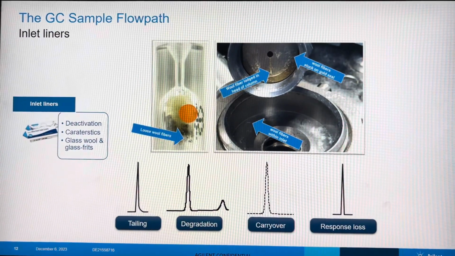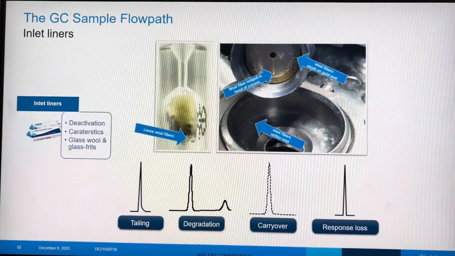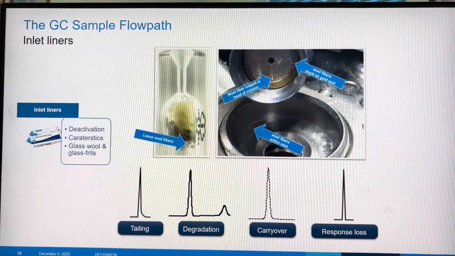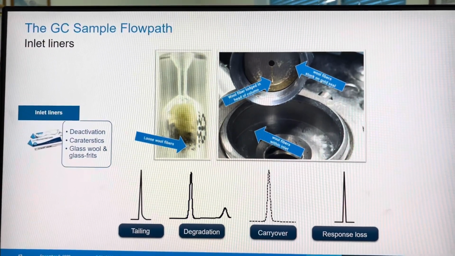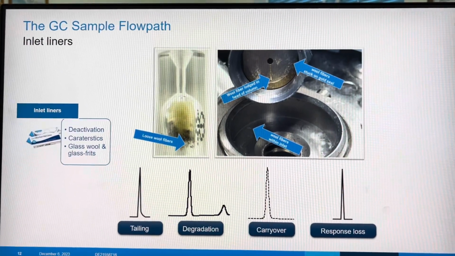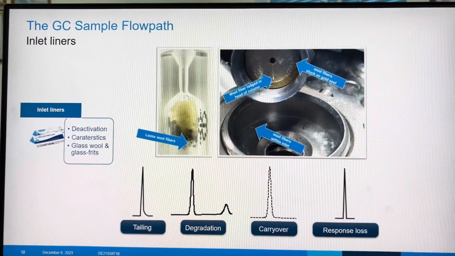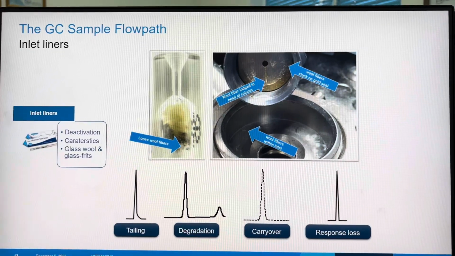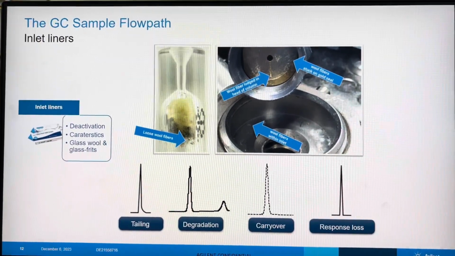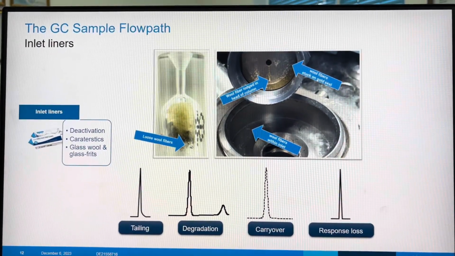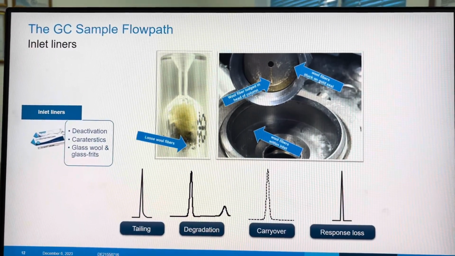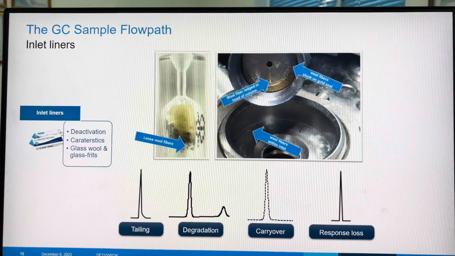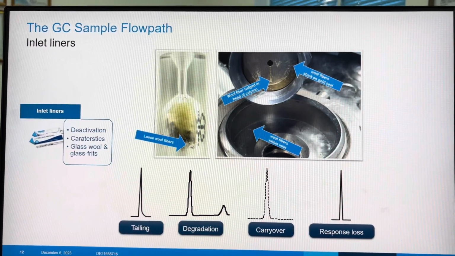We need to select a liner, whether with glass wool or without glass wool, and even the shape also. What will happen if we handle the liner very roughly, with glass wool packing, removing, or whatever? Even at glass wool packing time, glass wool particles are created which will go and sit in the head.